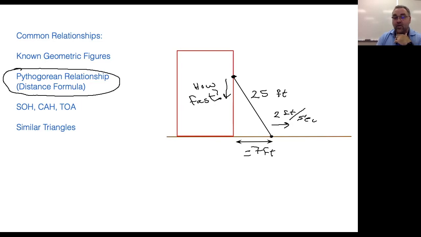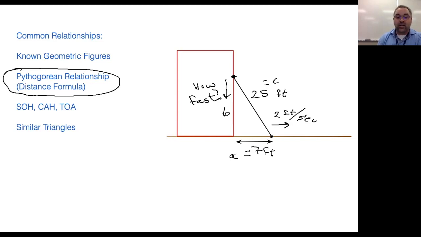I chose A. This vertical side of the triangle up the wall, how fast is that side changing? I need to give it a name, so I'm going to call it B. And the length of the ladder, let's call it C.